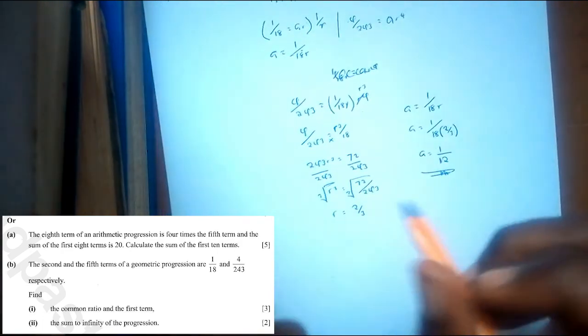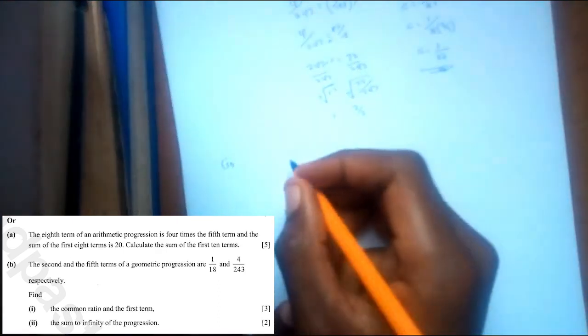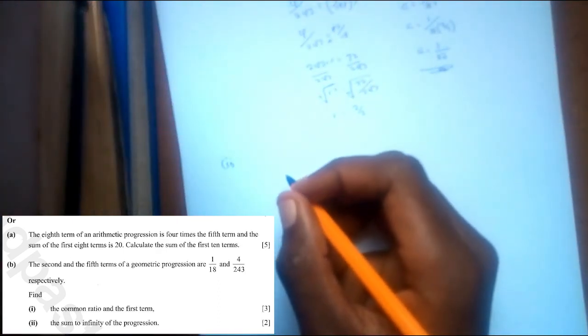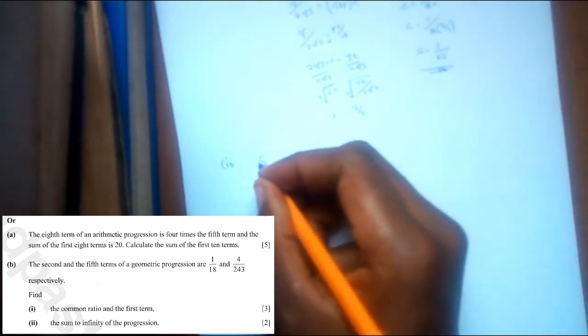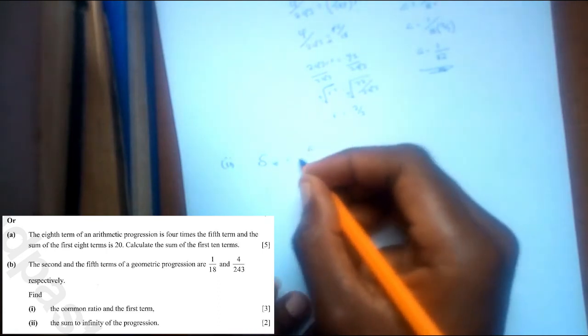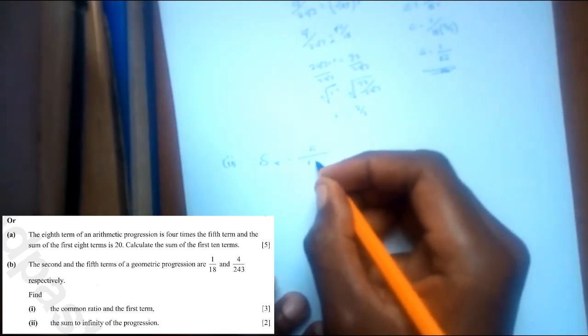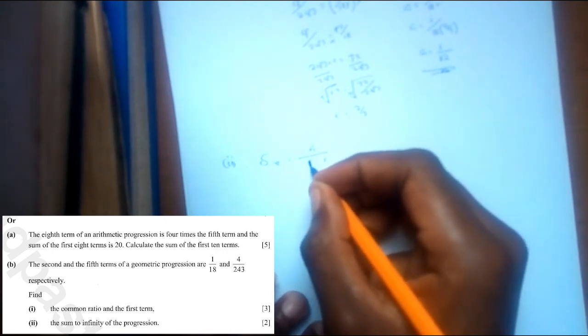Then our question B12. Question B2 is the sum to infinity of the progression. Okay, so the sum to infinity of a geometric progression is just a over 1 minus r.